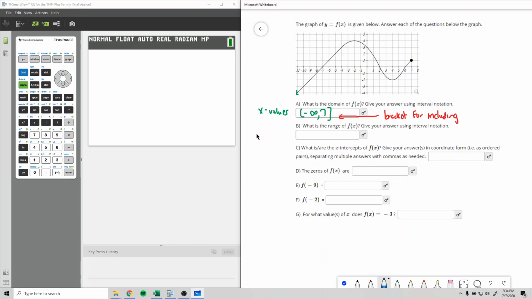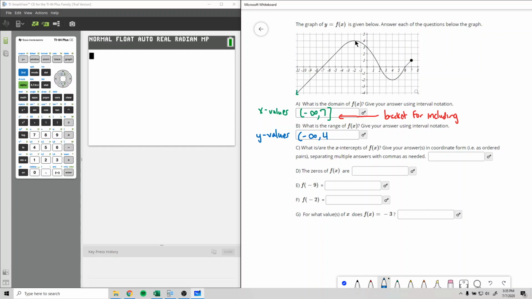Now, the second part, what is the range? That's the y values. Right, we can kind of start off looking at y values. What's the lowest it goes? Well, this is telling us it goes down to negative infinity as well. So the y values are negative infinity, and it goes all the way up. You don't want to look over here. You want to look where it's at the top, and it's at the top at 4.